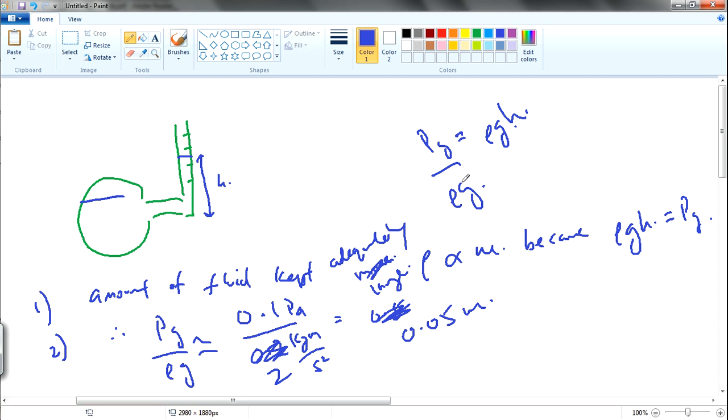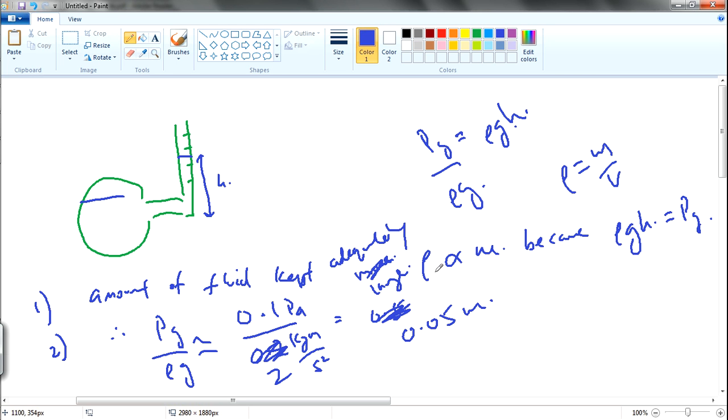Because density is proportional to mass, rho equals m over v, if you put a lot of water inside, the amount of mass itself has to be large.